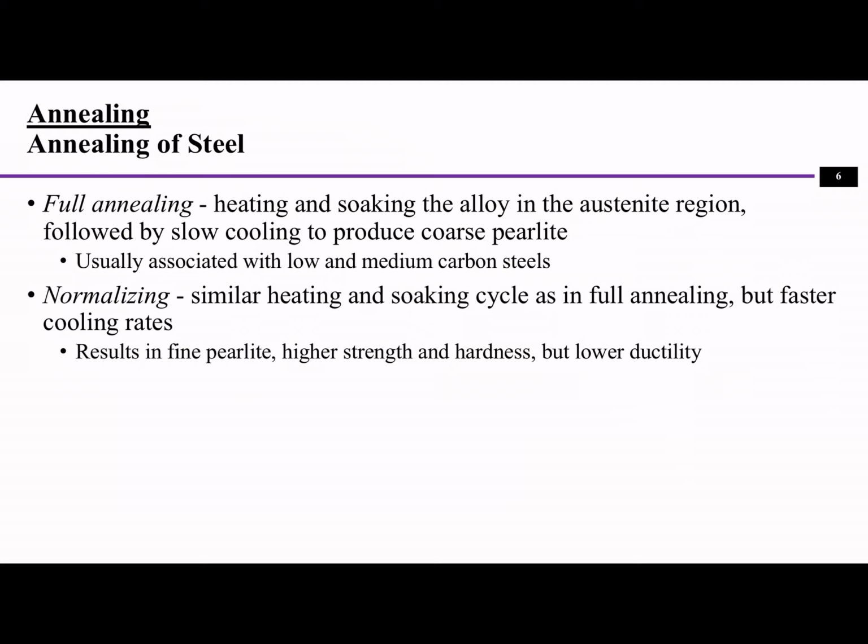For the two processes, the material properties will also be different. Full annealing produces a coarse pearlite, but normalizing results in a fine pearlite, with higher strength and hardness but lower ductility. These are the differences between the two.